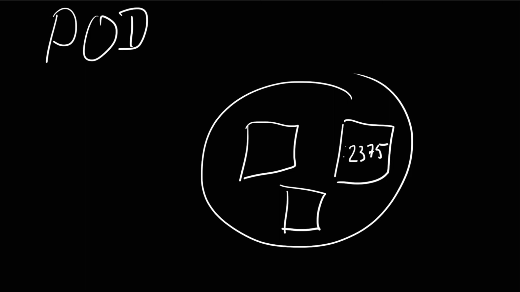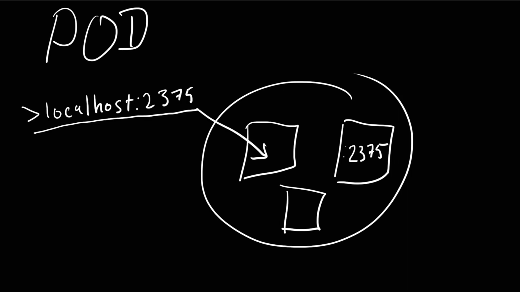And of course, if you run Docker from inside this container, it will have no problem connecting to itself, like localhost 2375. No problem there. But what if we were to run this from our main container that we actually wanted to run from? You may think that it will answer to itself on localhost, but no, not really. It's not how Kubernetes works.